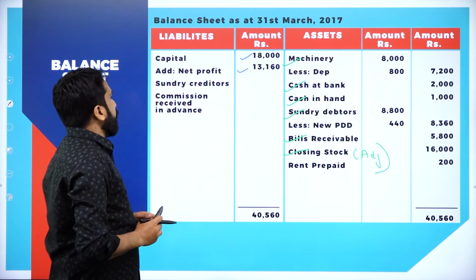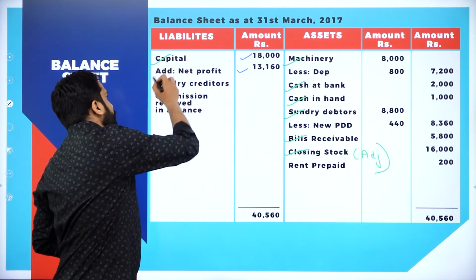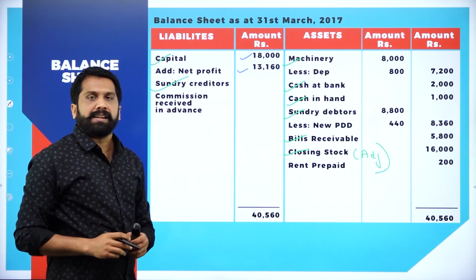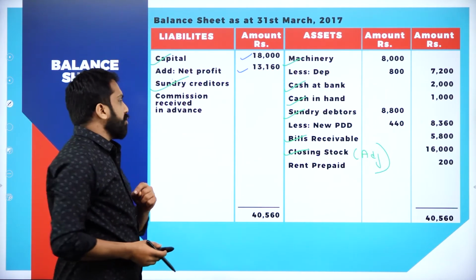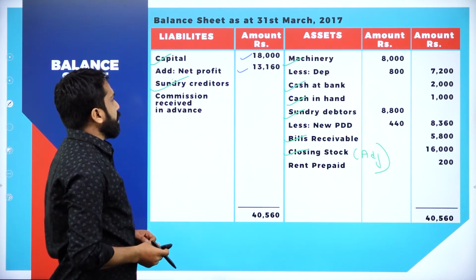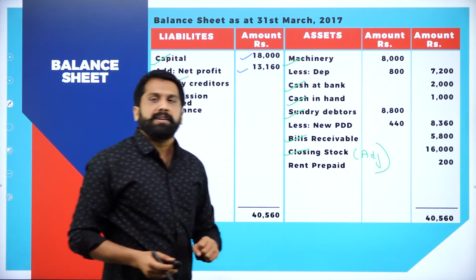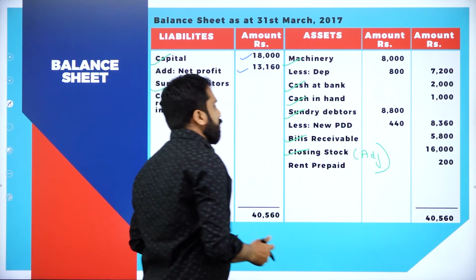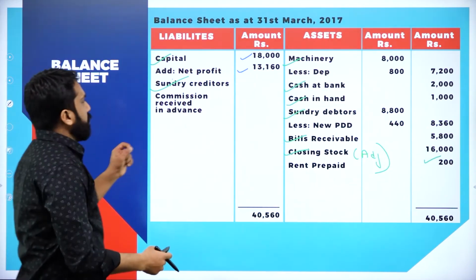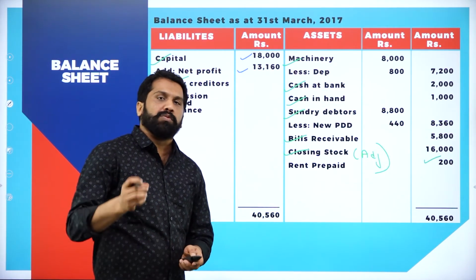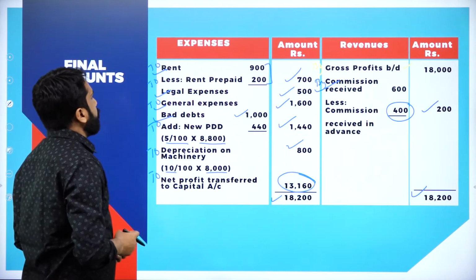Now, liability side, you have capital, you have sundry creditors. As per the adjustment, commission received in advance we have, and here rent prepaid we have. Rent prepaid will come here. Commission received in advance, how much? We'll see in the adjustment.